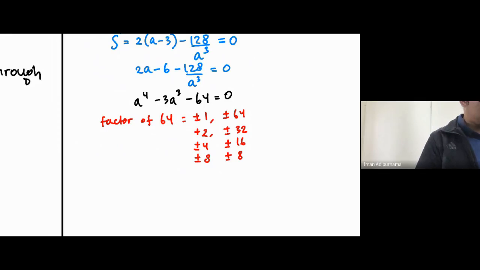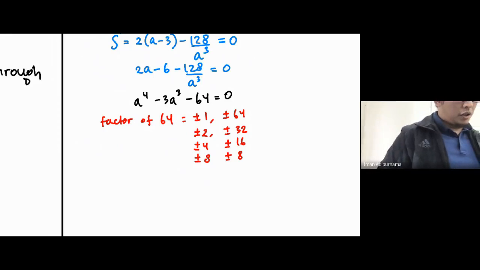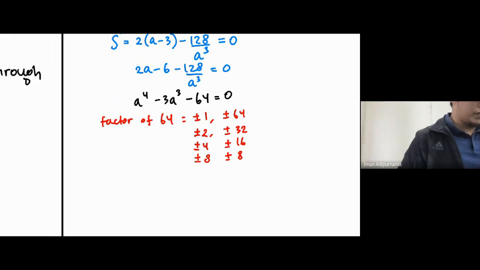Positive 2, you check, 2 to the fourth is 16, minus 8 times 3 is 24, and it is not possible. How about positive 4? 4 to the fourth is 256, and so on. I think 4 may be possible. Let me check.